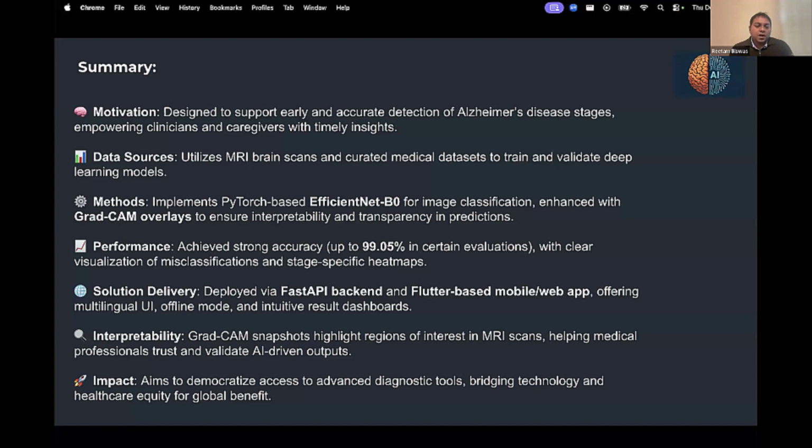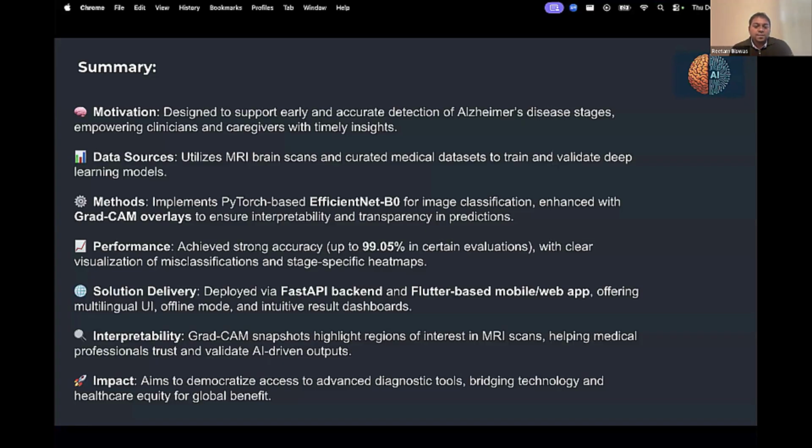And to add to that, we can utilize the GradCam overlays and SHAP overlays, similar things, to make it more reliable. And also the performance can be measured. This model is giving around 99.05% in certain evaluations.